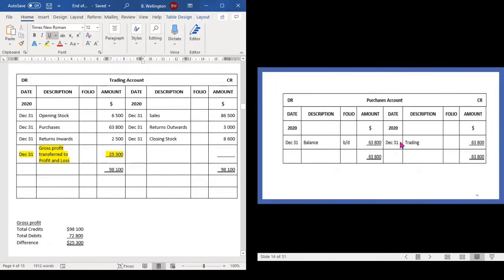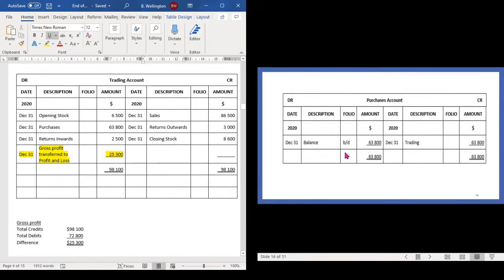So we have just entered a credit entry in the purchases account. The corresponding debit entry would be in your trading account. And here it is on the debit side of the trading account, $63,800. And so what we do here is that we're simply following the instruction that is in the journal. The journal told us which account to debit and which account to credit.